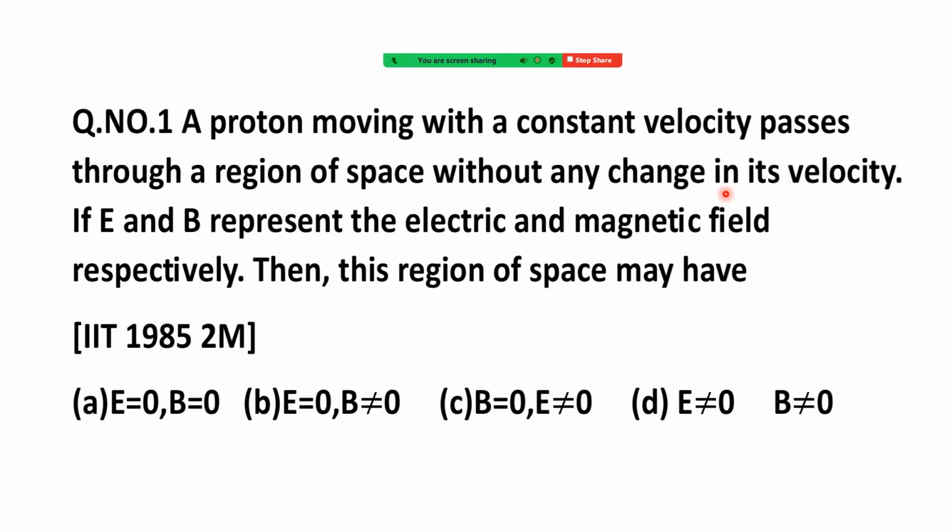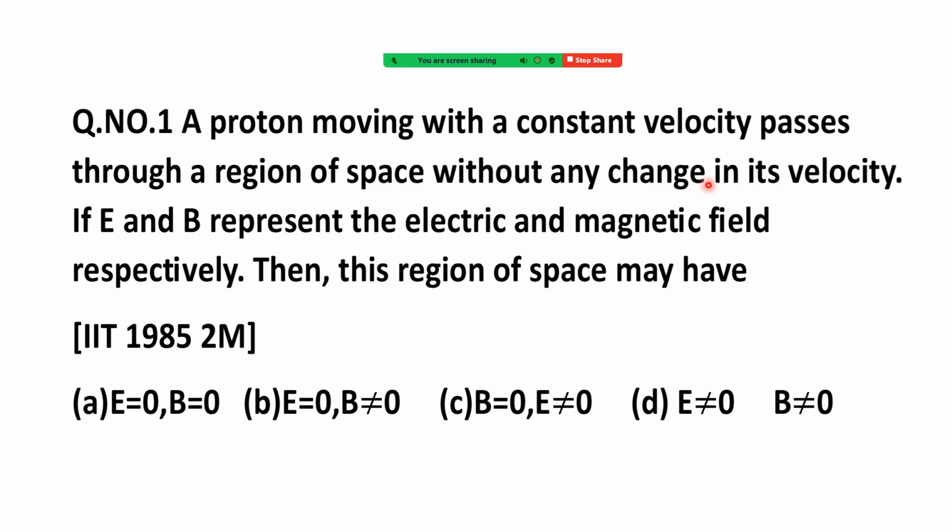That means acceleration is zero. Acceleration zero means net force is zero. If E and B represent the electric and magnetic field respectively, then this region of space may have. So condition is that net force must be equal to zero.